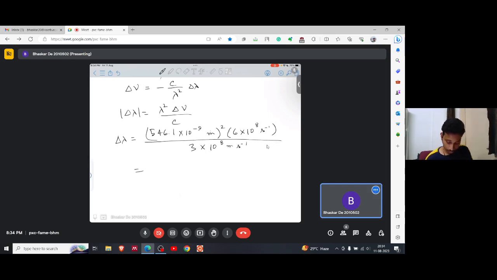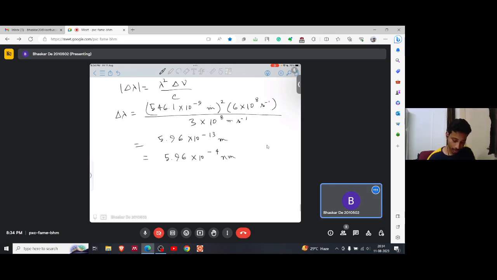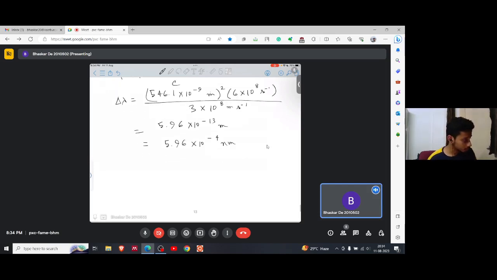So delta lambda is 5.96 into 10 to the minus 13 meter, which gives 5.96 into 10 to the minus 4 nm. This is the emission bandwidth in terms of wavelength.